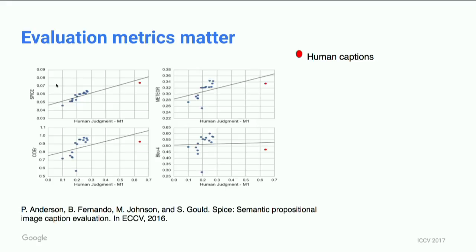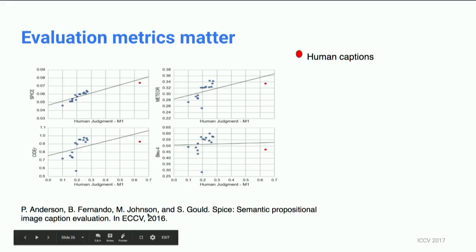So there are various automatic metrics in the literature, mostly coming from the machine translation world. BLEU and METEOR come from machine translation, and CIDEr was developed for image captioning, and then there's this new thing called SPICE that was proposed in this paper here, 2016.